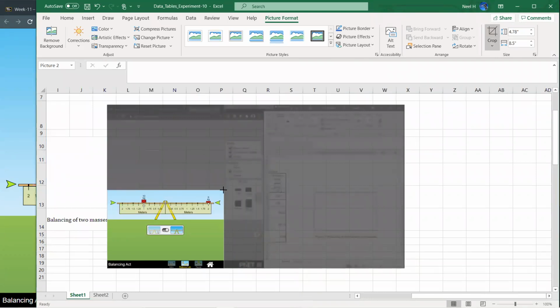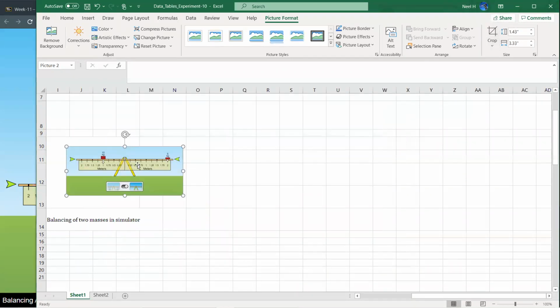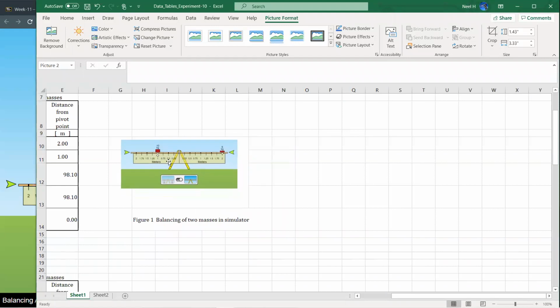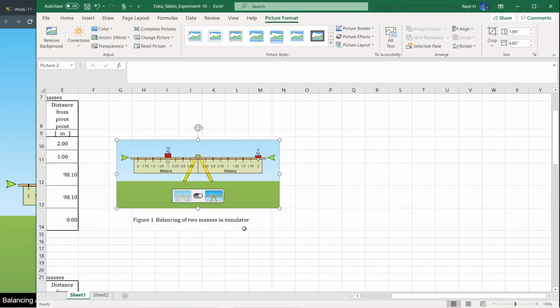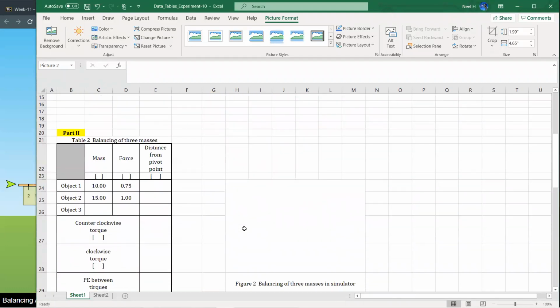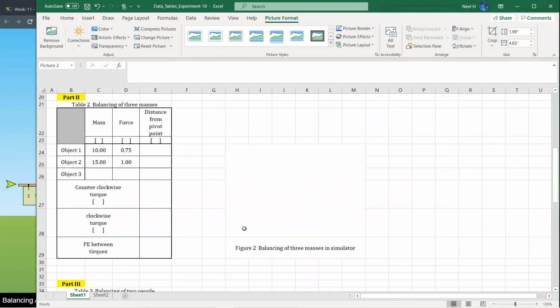Maybe we don't need to show any other information than this part, right? So let's crop that out. Everything else okay. All right. Any question? Then let's continue to part B.